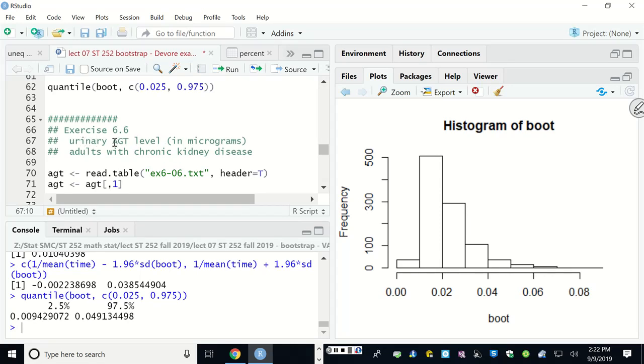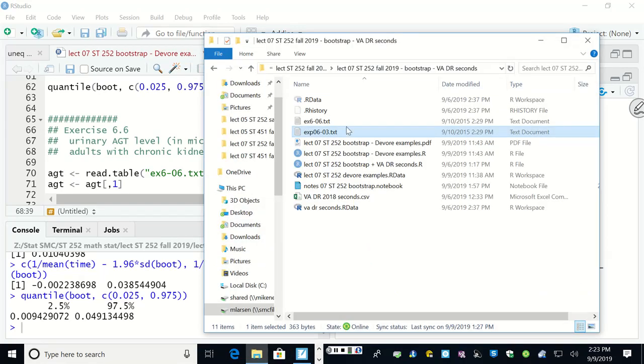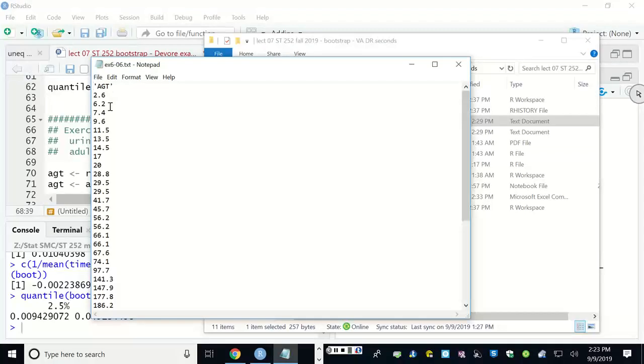Urinary AGT levels measured in micrograms. This data also is just in a text file. This book provided some of the data sets that are a little bit larger. So here are the AGT values that are there.